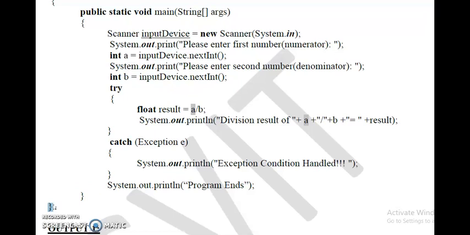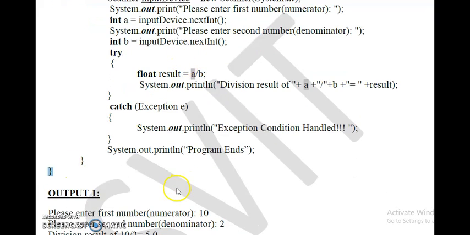So when I execute this program, there are two possibilities of outputs: one where an exception is raised when we compute the division operation, or one where an exception is not raised. For example, I read two numbers, the first number is 10 and the second number is 2. There is no concept of raising an exception, so result is equal to a by b, 10 by 2.